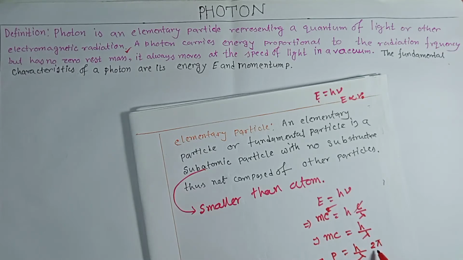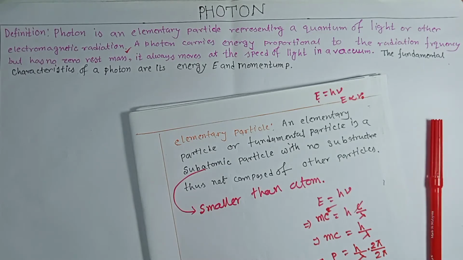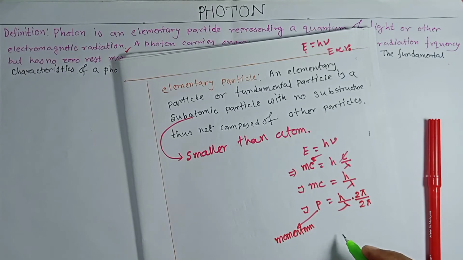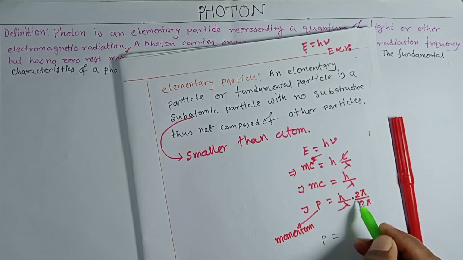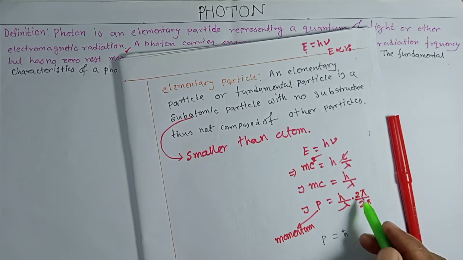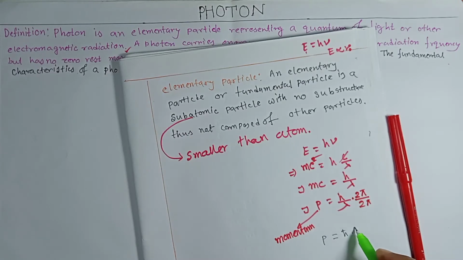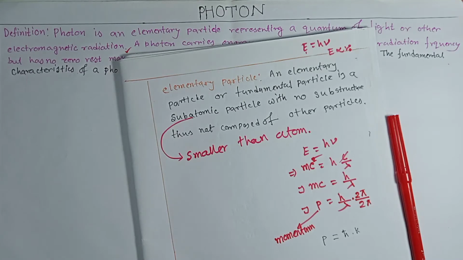Now we take 2 pi. Then we get P equals h upon twice pi, which is h cut, times 2 pi upon lambda, which is nothing but k. k is the wave vector.